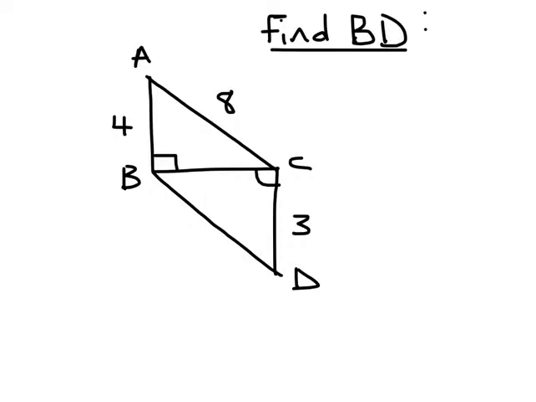You have two right-angled triangles which are connected. Assuming that this is triangle number 1 and this is right-angled triangle number 2, you will realize that what the question wants you to find is in triangle number 2.